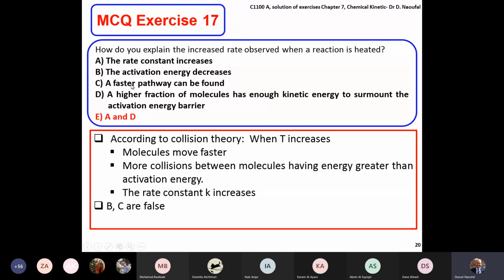So B and C are incorrect. Till now, A is correct. We pass to D. A higher fraction of molecules have enough kinetic energy to have a value greater than the activation energy. This is true. So A and D are correct. Therefore, the correct answer is E.